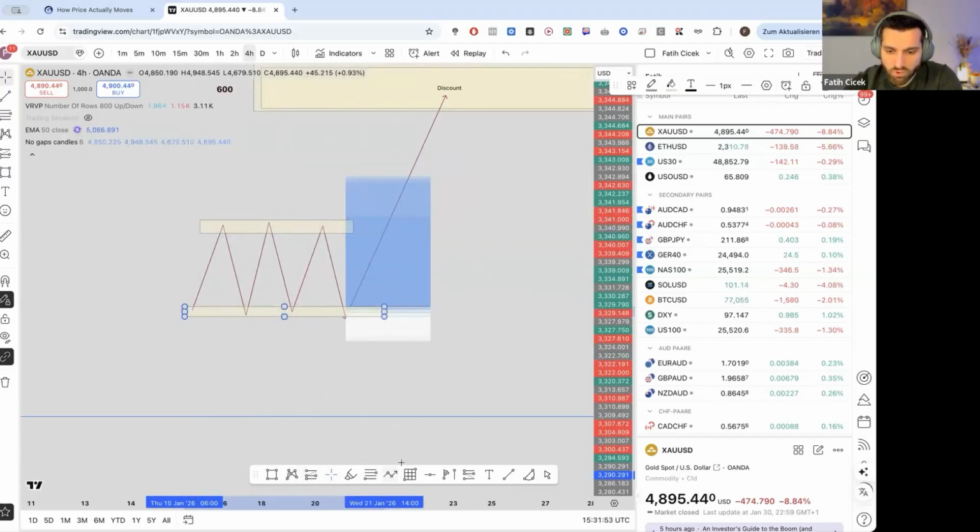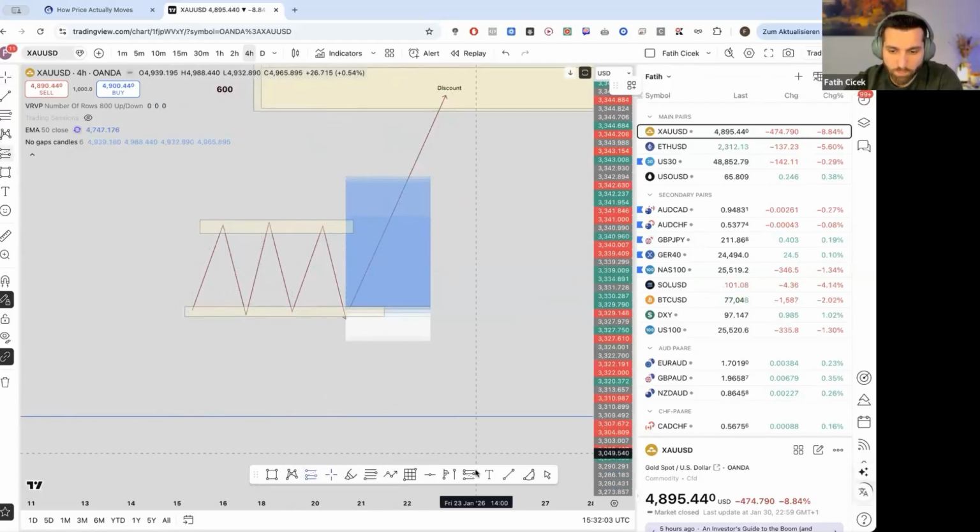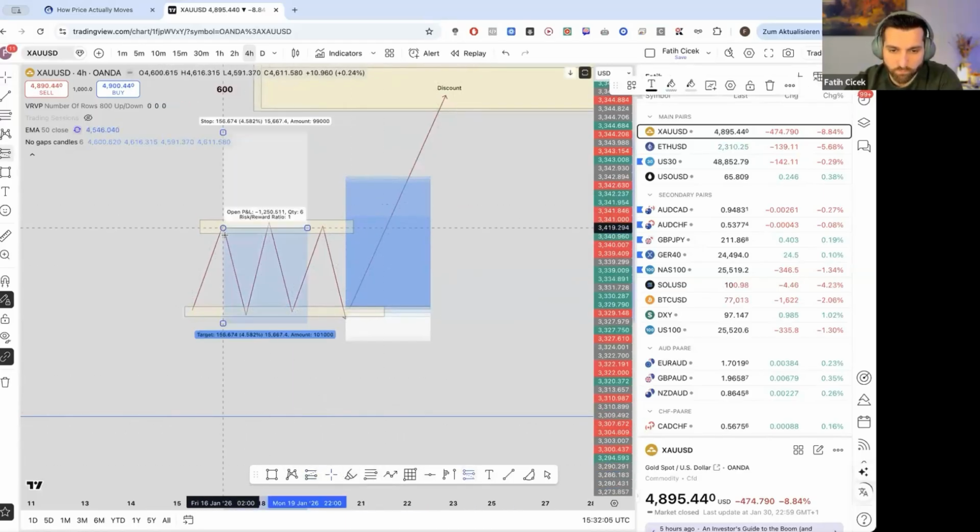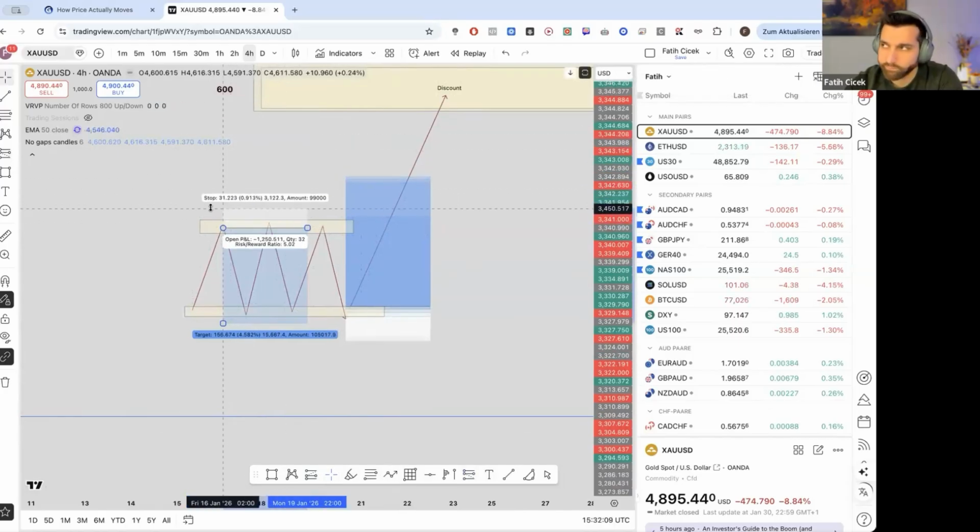So what most retail traders are going to do, they're going to watch a few YouTube videos and then say, oh, we have a resistance here and a support here. So I'm going to put my sell limits sitting at the zone.